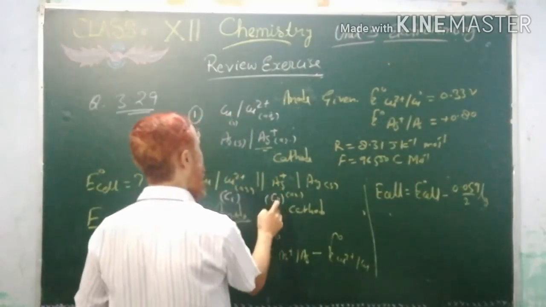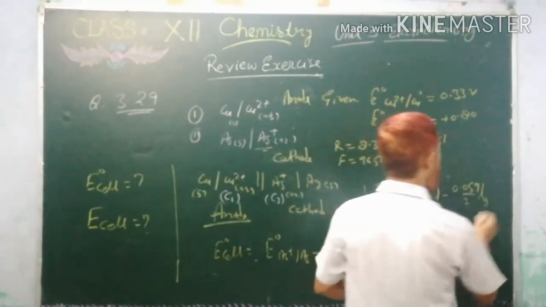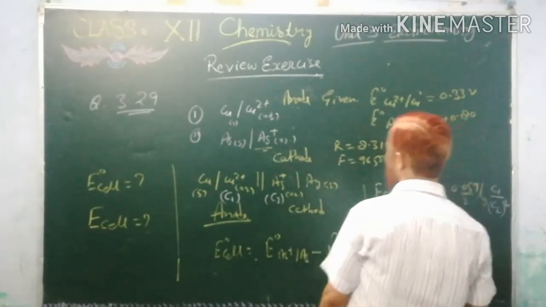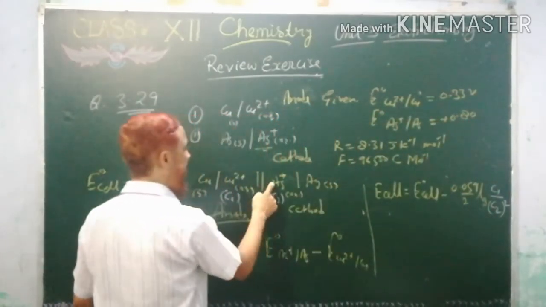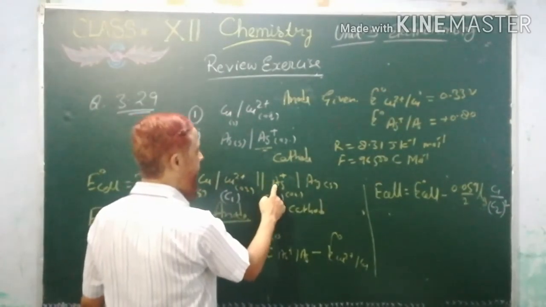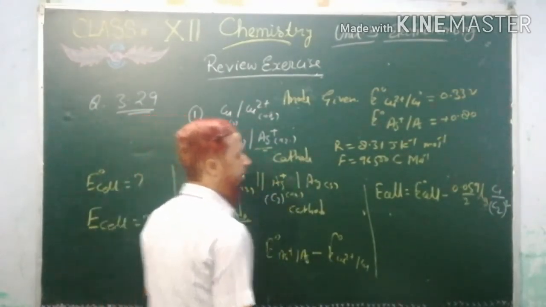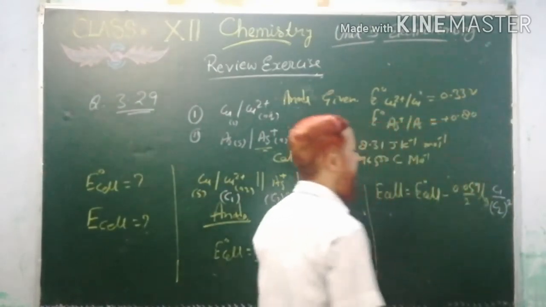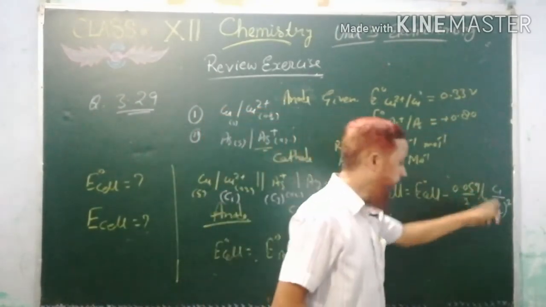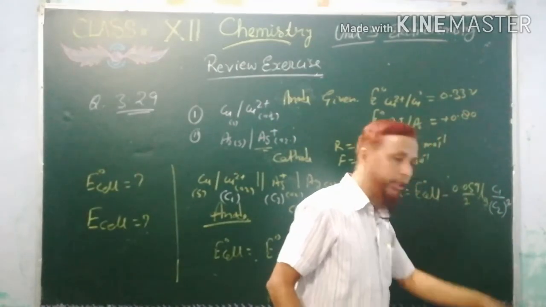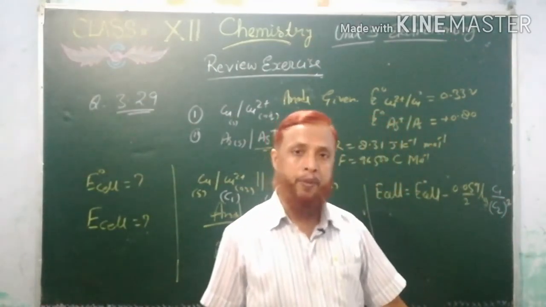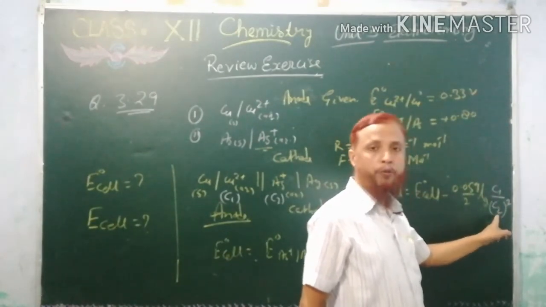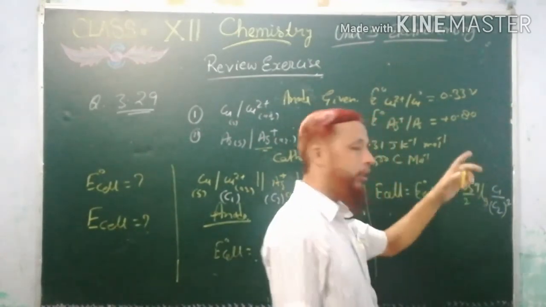The concentration of silver ion we will consider C2, so log C1 upon C2 squared, because if we balance the equation, Ag should be multiplied by 2, so its concentration will be raised to the power, so C2 is squared. Here C1 is given as 2 molar and C2 is given as 0.05 M. So you will write 2 upon 0.05 squared, and then you will solve and get your answer.